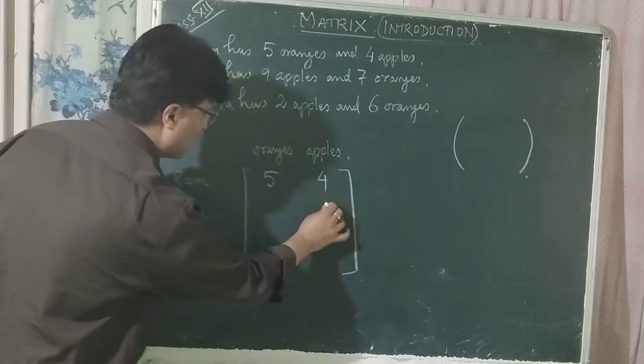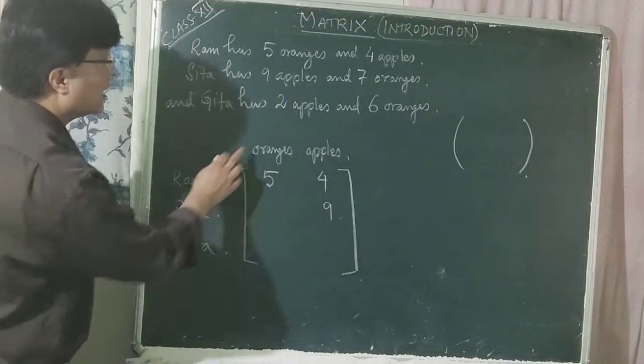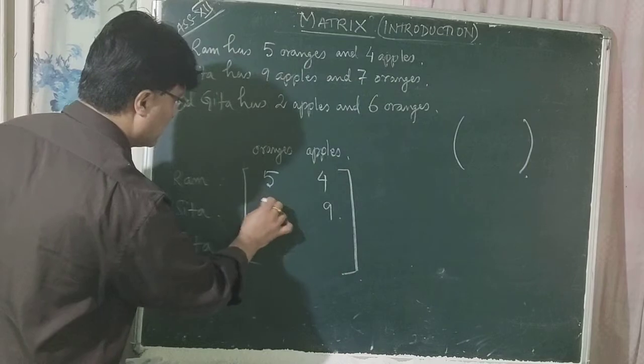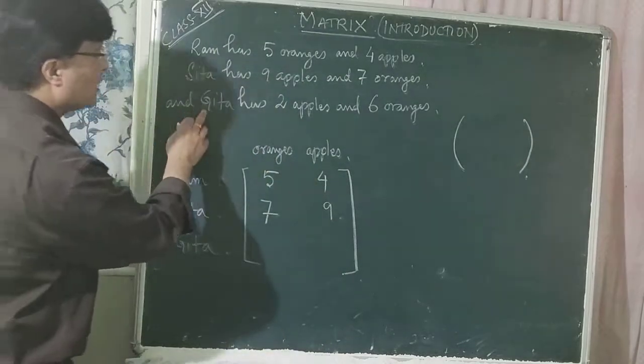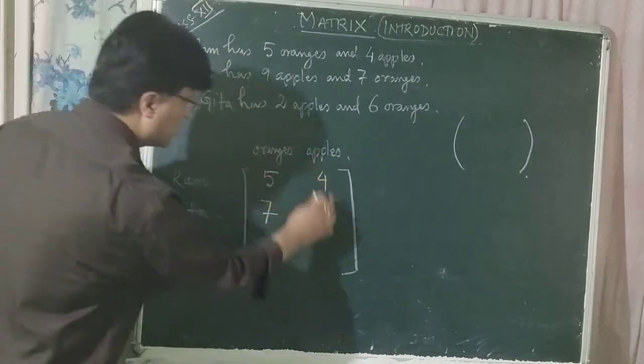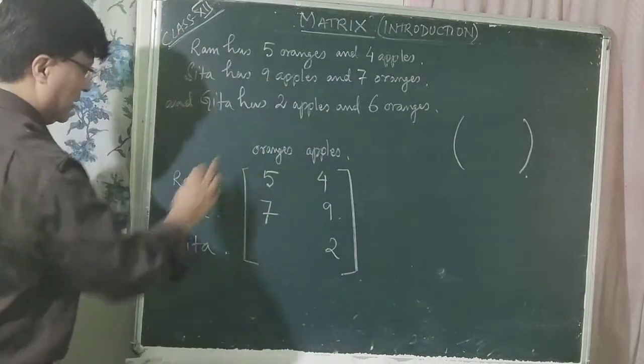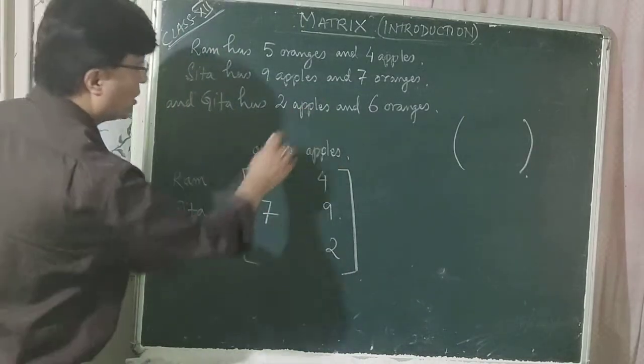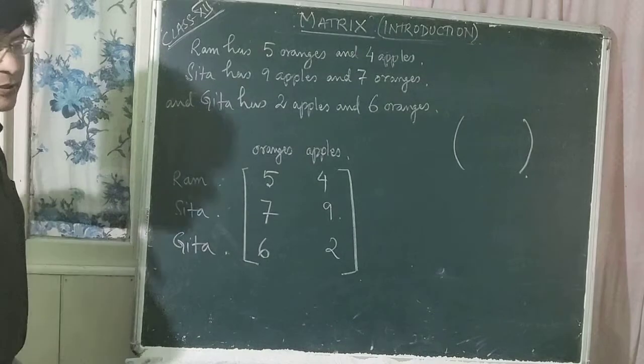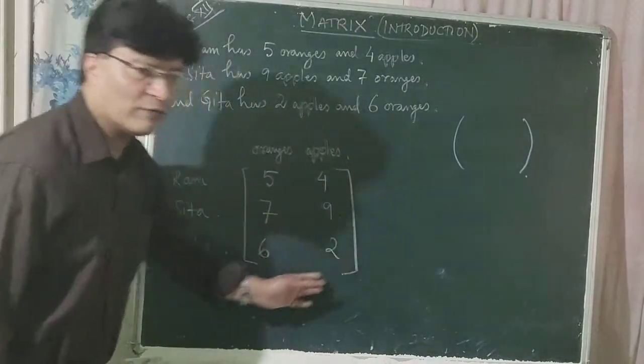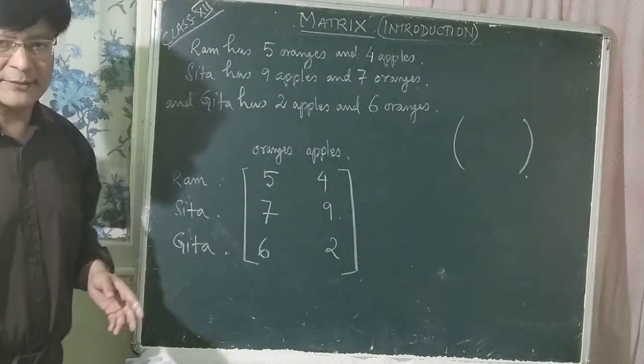And how many oranges does Sita have? 7 oranges. And Geeta has 2 apples. And how many oranges does Geeta have? 6 oranges. So there is another way of representing these sentences.